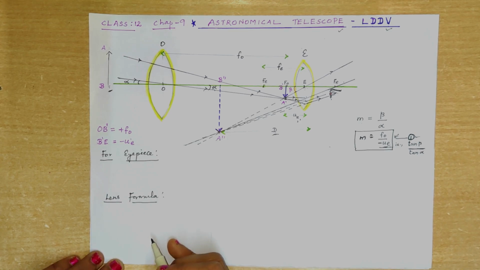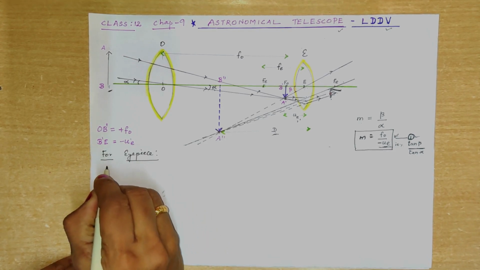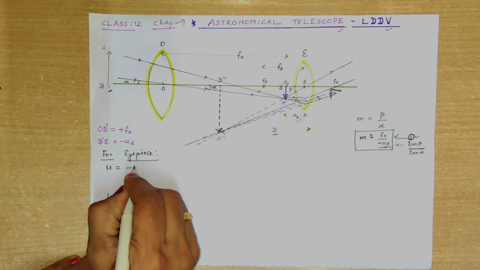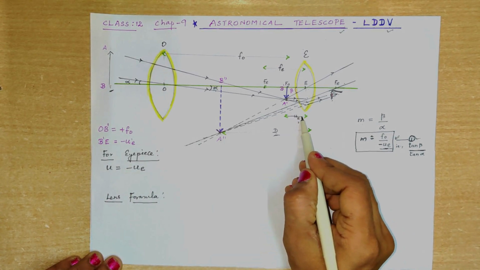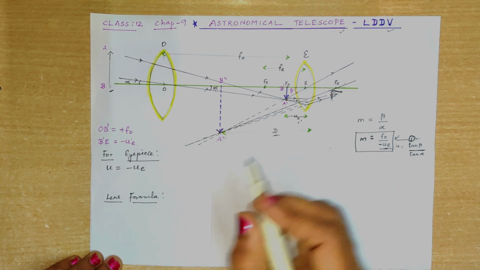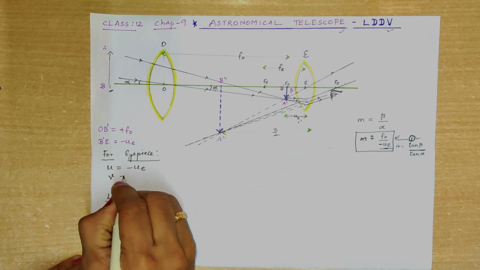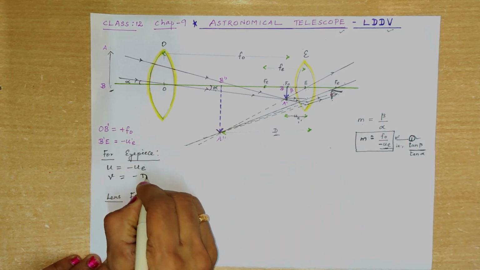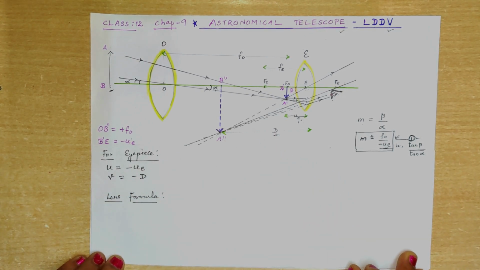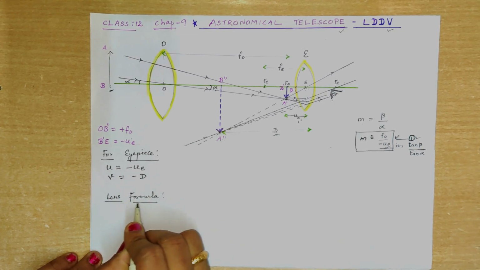Now, with respect to the eyepiece, what is the object distance for the eyepiece? It is minus UE. You can see here, the object position for this is minus UE. And what is the image position with respect to the eyepiece? It is at the D position. Therefore, it is minus D. We can also substitute this in the lens formula.